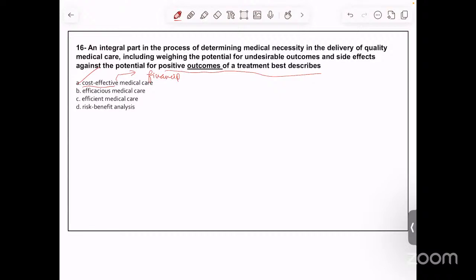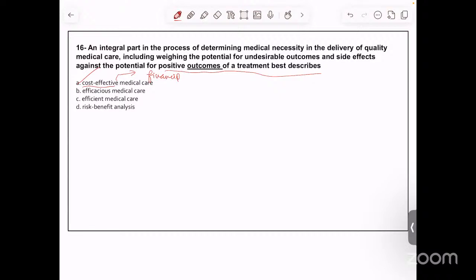Why not letter B? This is incorrect because efficacious care evaluates the effectiveness of a treatment under ideal conditions, not the cost effectiveness or necessity in practice. Why not letter C? Because this pertains to achieving outcomes with minimal waste, but not directly addressing the balancing of quality with cost.